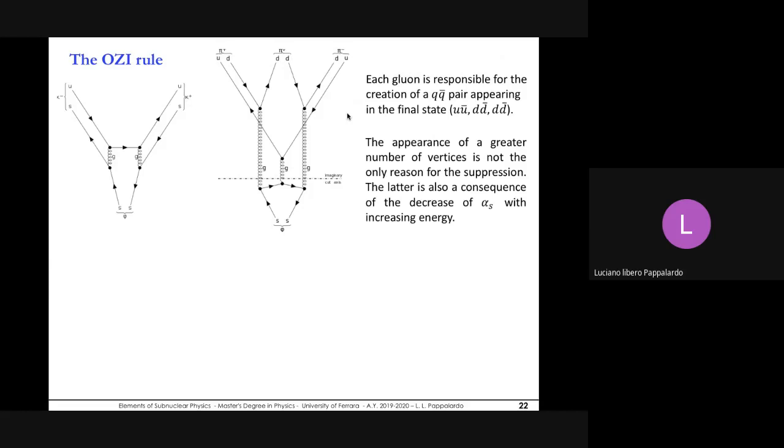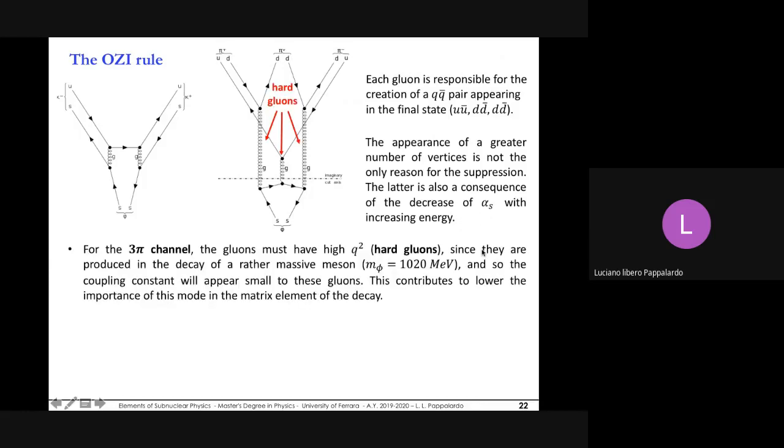There is also a consequence related to the fact that alpha strong is a running coupling, so it decreases with increasing energy. The reason is the following. For the 3-pion channel, the gluons must have a high Q squared. We call them hard gluons, because they are produced in the decay of a rather massive meson, the phi, of order 1 GeV.